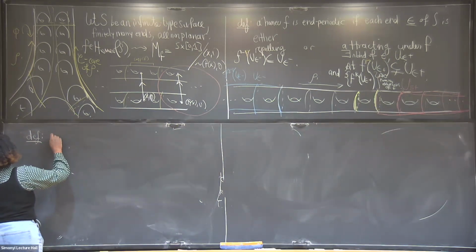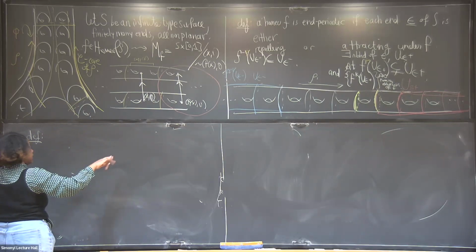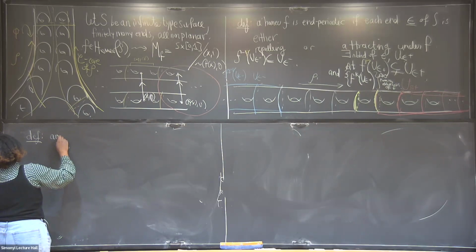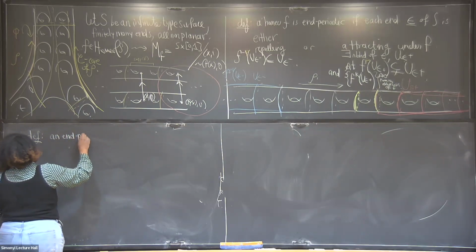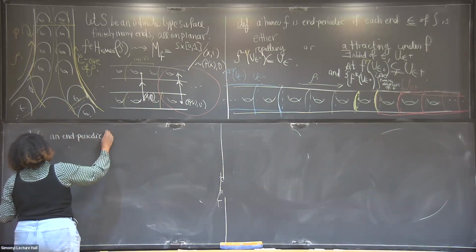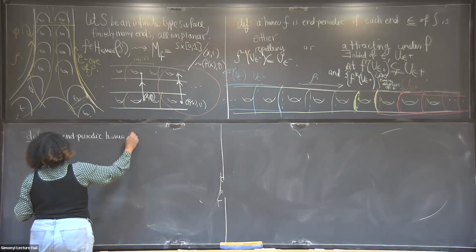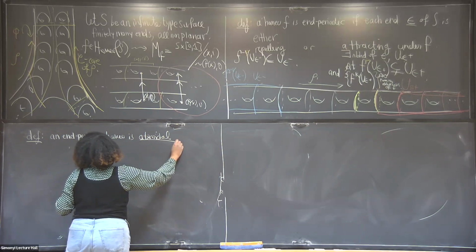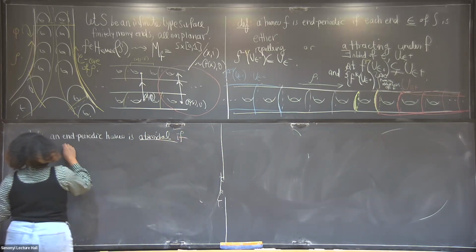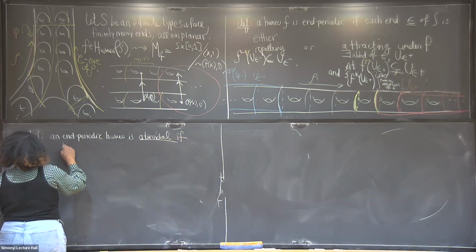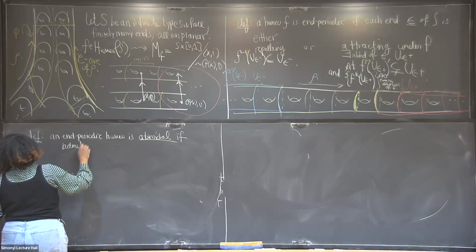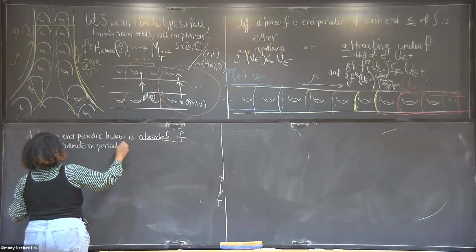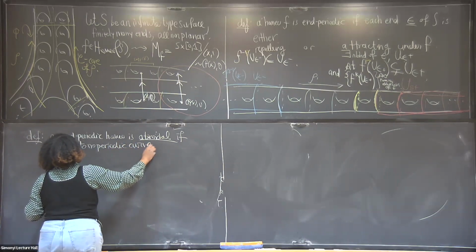I could take an n-periodic homeomorphism and require it to have no periodic curves. I'm going to call it atoroidal, spoiler, if it admits no periodic curves, in the same way that I mentioned earlier with the pseudo-Anosovs, up to isotopy.